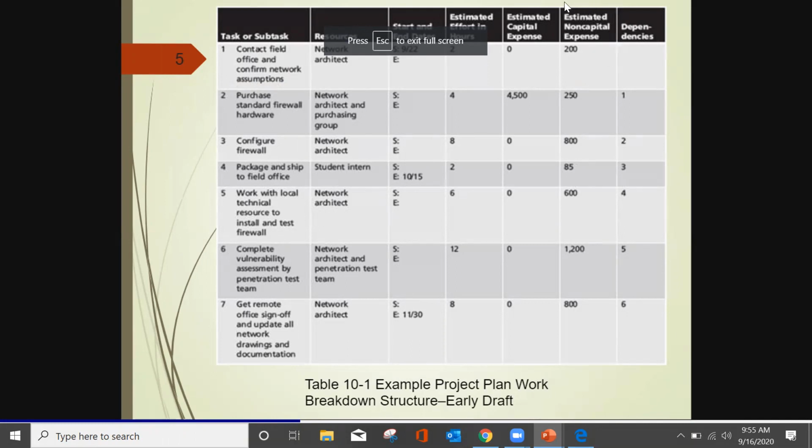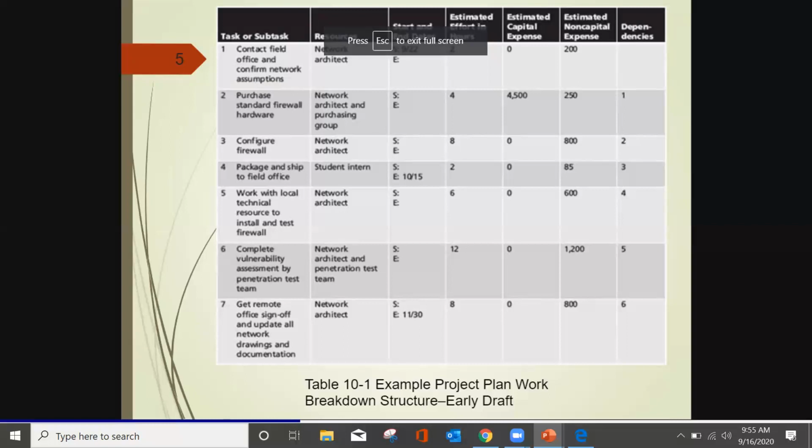The non-capital expense is 200, and the capital expense is $0. It is just making a phone call, right? And then you need to purchase the firewall hardware, let us say. When are we going to start, and how much time is it going to take? The estimated capital expense is $4,500 for the firewall, and $250 for non-capital expense.